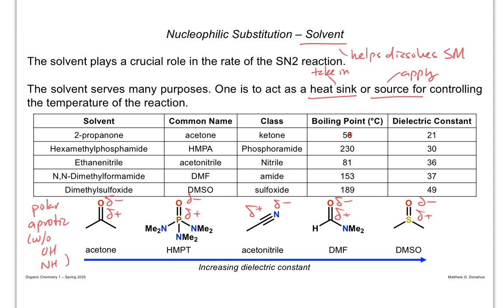But sometimes it's not polar enough. So you have to go up to solvents with higher boiling points like DMF and DMSO. These can be kind of a pain to get rid of because of the boiling point. But due to their high dielectric constants, they may be the only ones that facilitate the mechanism.